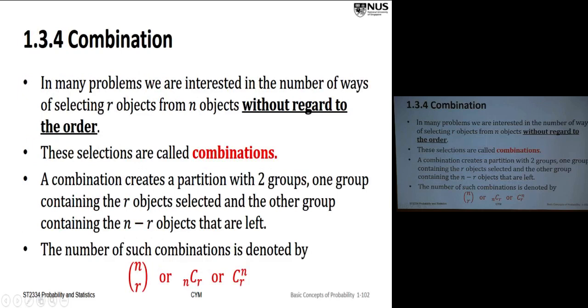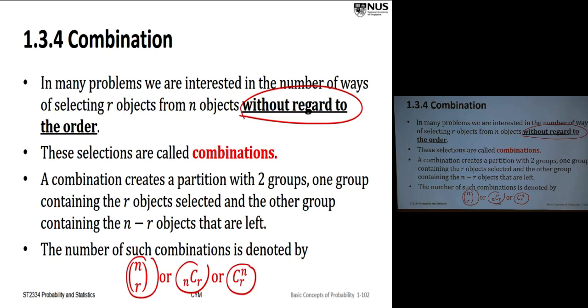All right, combinations. This is the most important way of doing counting. Disregard the order. So that's called combination. These are some of the notations that we use to mean that we select R objects out of N objects.